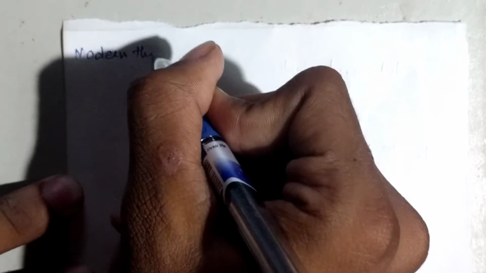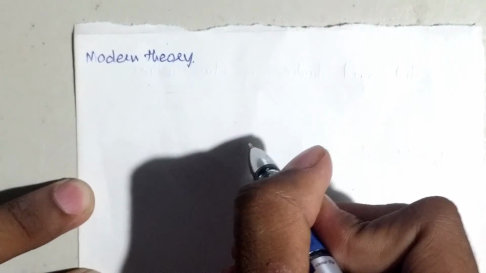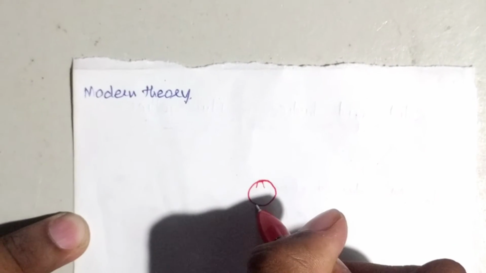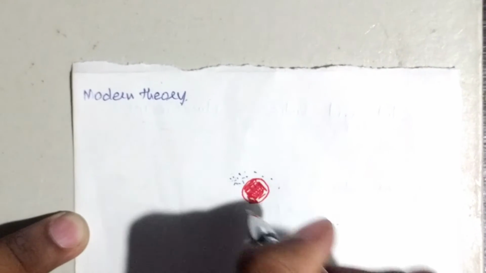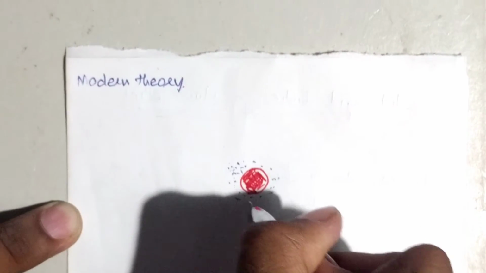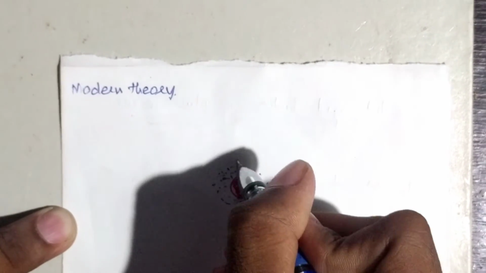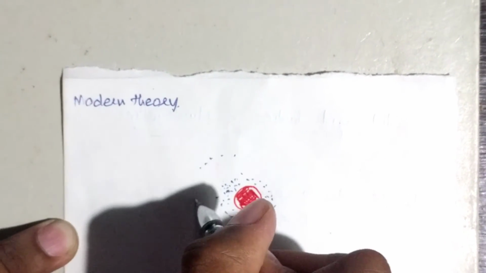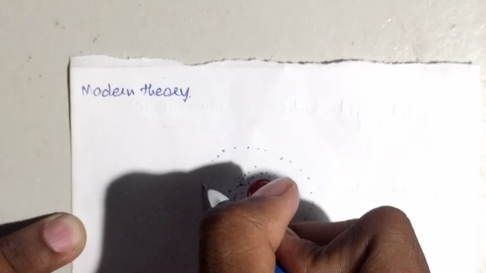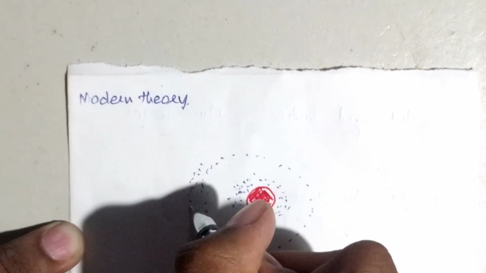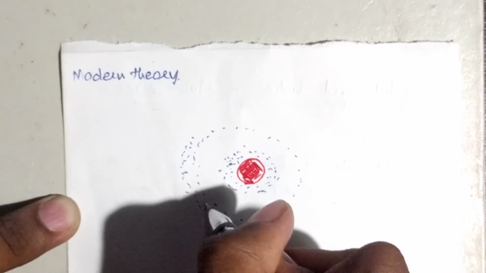There is a field, or you can say a cloud, which exists around the nucleus in definite energy levels, depending on how the atom is arranged. We call them s orbital, p orbital, d orbital, f orbital. All these things are imaginary, we just need to understand things through mathematics. Everything is explained by mathematics.